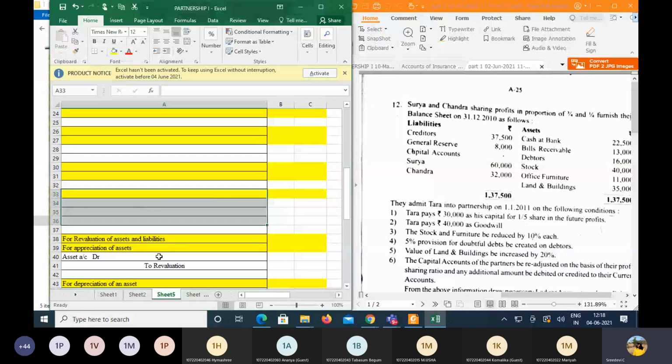So what is the revaluation here? The stock and the furniture are to be reduced, and there is also a provision to be maintained for the doubtful debts.